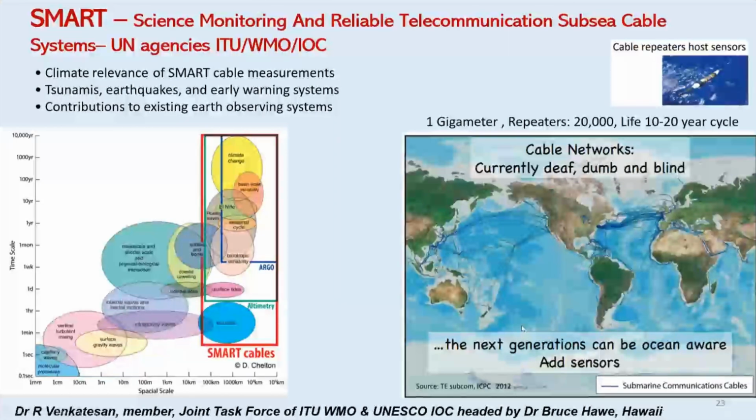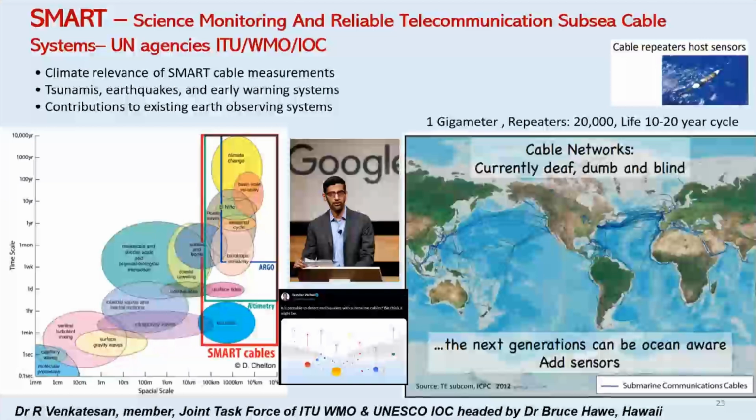Now there is a thinking: why can't we connect sensors to that so that we have fast, large amounts of data sets at a very, very accurate level? The conventional way of data transfer is in kilobytes, which is happening with acoustic sensors and surface satellite transmission. If this comes through, this will be a great boon for the scientific community, in particular for tsunami application. After great persuasion, we were able to convince, and there's going to be a project in Portugal where the sensor would be attached to an underwater telecommunication cable.